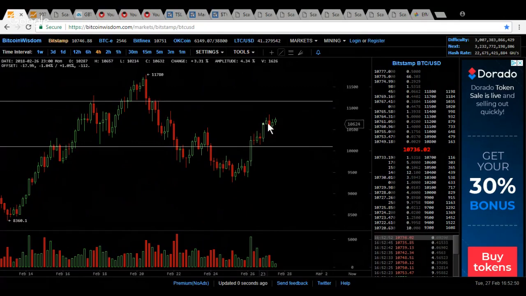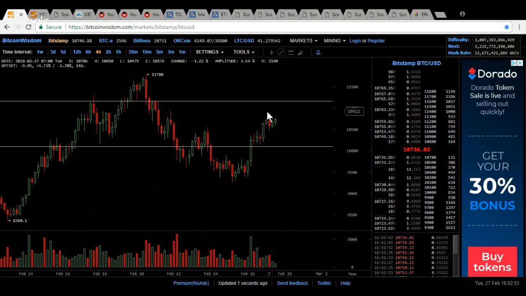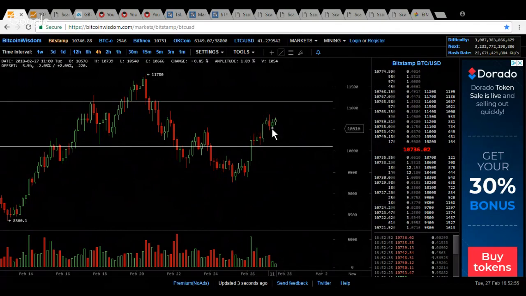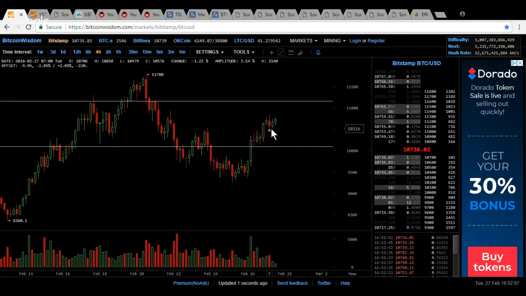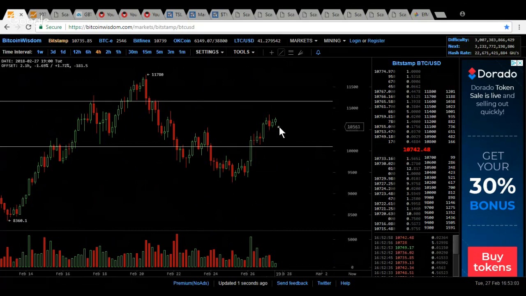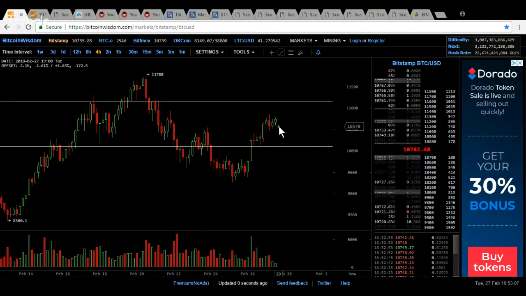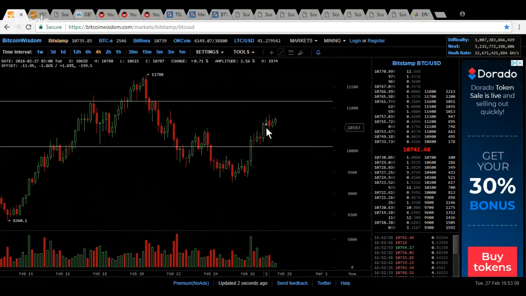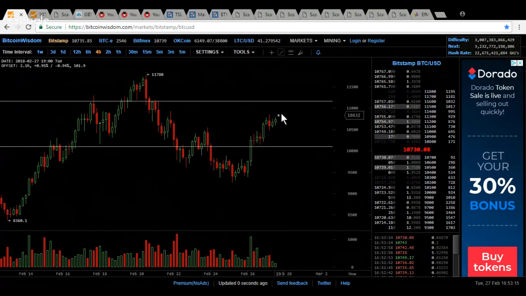We are now in the middle of this area. We had a sell signal on the TD sequential random number generator system that looks to me like it's fizzling out.